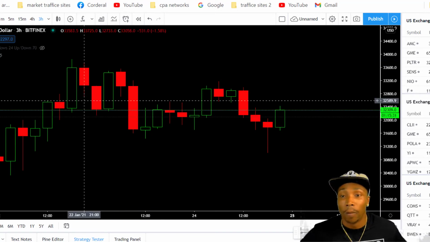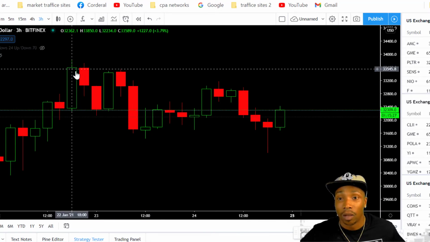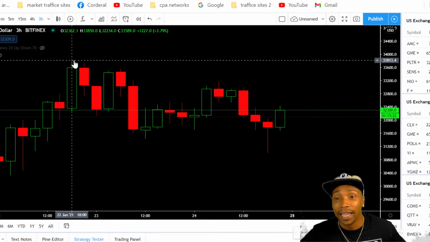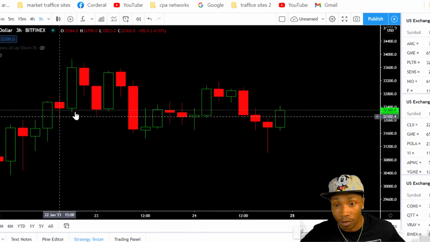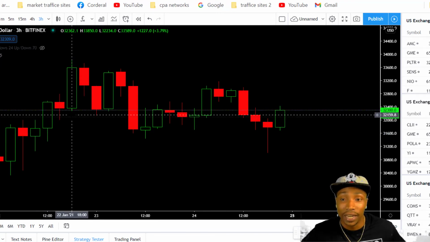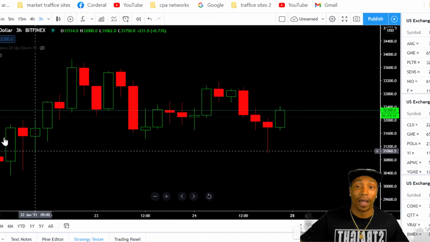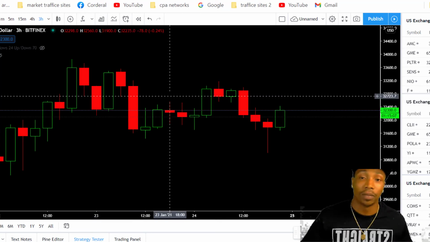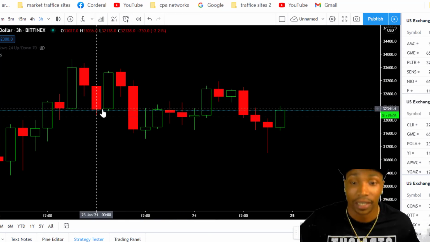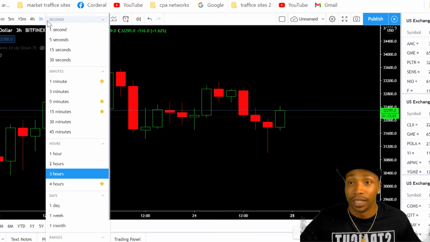And so we have the open of the candle, we have the close, we have the high shadow, and we have the low shadow, the lowest point where the candlestick reached. These are also considered wicks. And you'll learn about wicks later when you start learning about price action. Right now, we're simply breaking down what candlesticks are and how they form and the various time frames in the market.